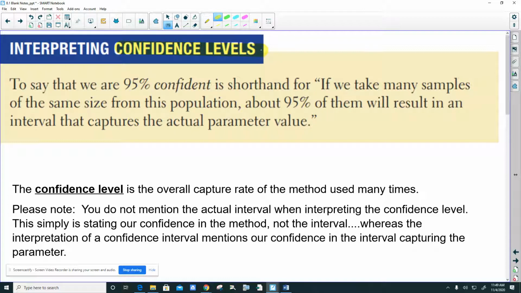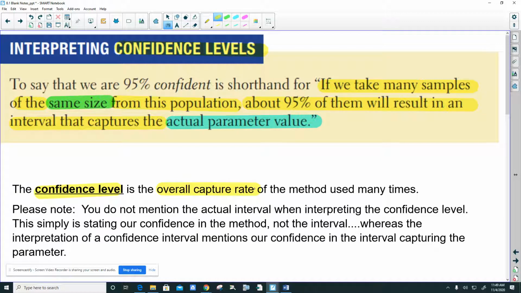When you're saying that you're 95% confident, you're basically saying, if we were to take many samples, and this is the part that's really important, you have to say of the same size from your population, about 95% of them should result in an interval that would capture the, and then right in here, you should fill in the context of what it is we're talking about, whether it's the true population proportion of something or the true population mean of something. But again, your confidence level is essentially your overall capture rate.